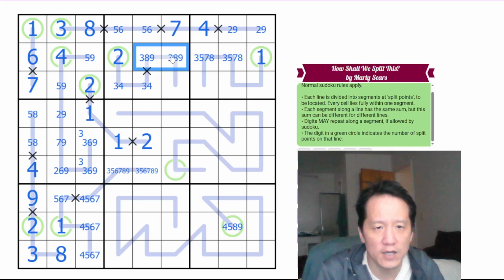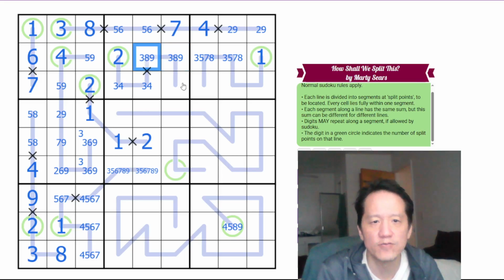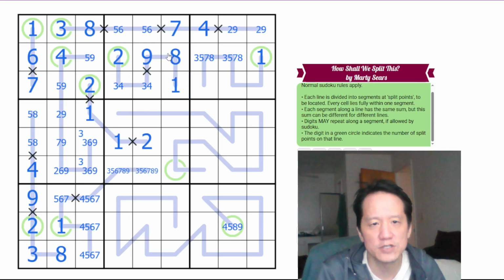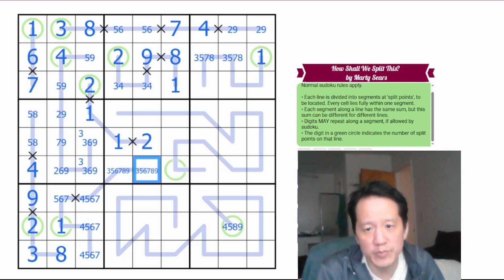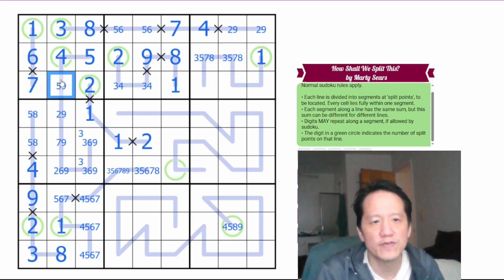If we try to have an 8 here, it has to be with 1 to add up to 9, but 8 cannot be here, therefore this must be 9, which makes this an 8, which makes that a 1. So the segment is here. This cannot be 9. This can't be 9, so this must be 5, which makes that a 9.